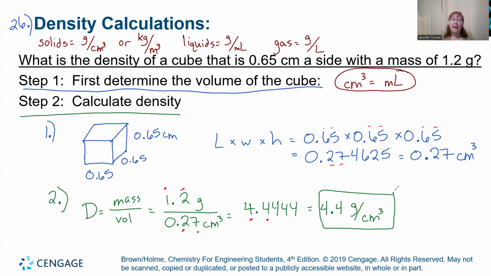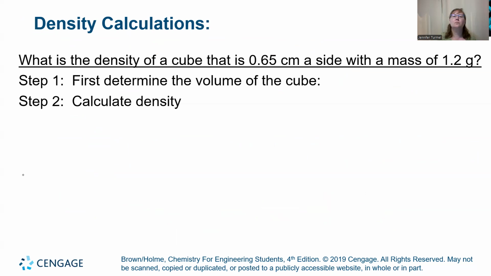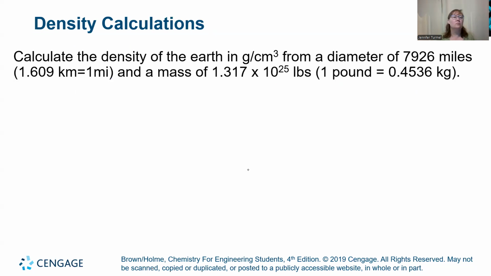All right, now we have a challenge problem, and this is great for getting us ready for our homework. This is our final slide, slide 27, and this is going to be a short part. It says calculate the density of the Earth in grams per centimeter cubed from a diameter of 7,926 miles.